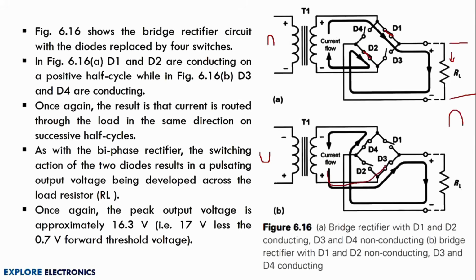Since D3 is forward biased, it will make the path for current to flow through RL. Again it will go through D4 and reach the other point. Here also the current flows through RL in the same direction. That's why we get the same kind of output as we get in the positive half cycle. This is the bridge circuit.